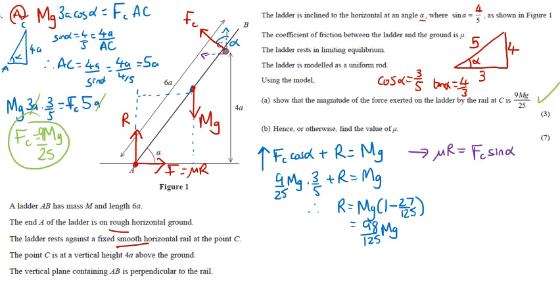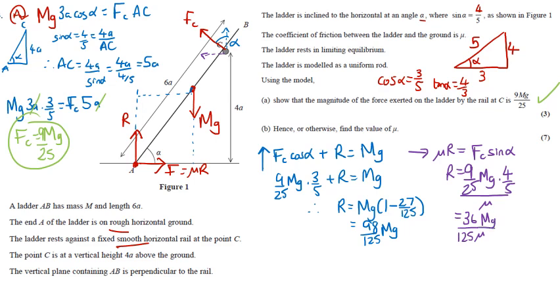So if we put that back together, R is equal to Fc, which is 9/25 mg, multiplied by sine alpha, which is 4/5, and then divided by mu. So 9 times 4 is 36, divided by 5 times 25, so we've got 36/125 mu mg.